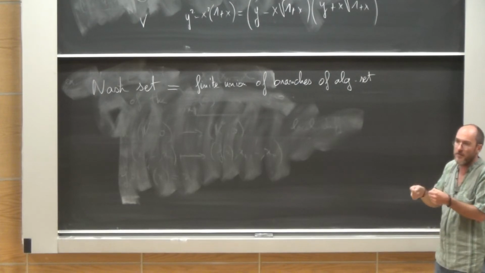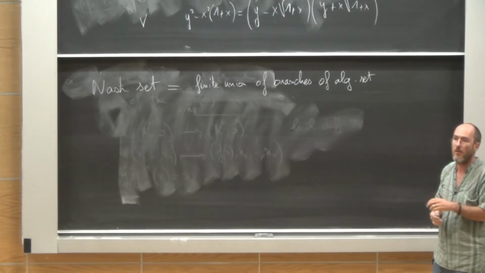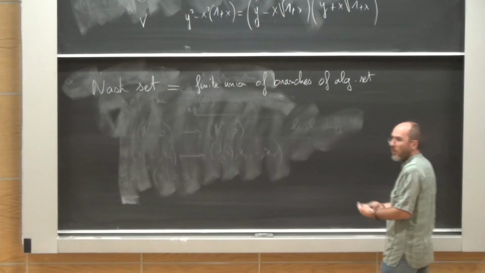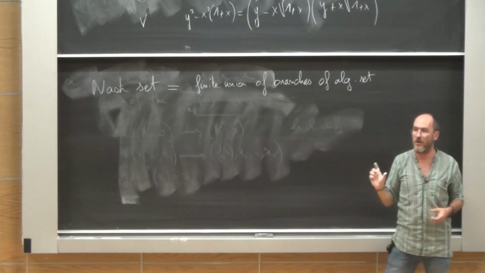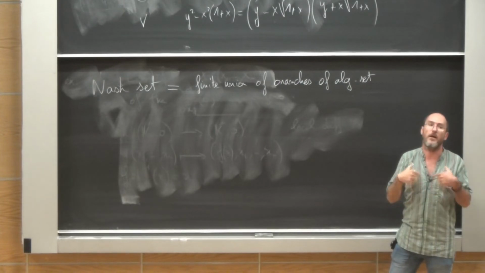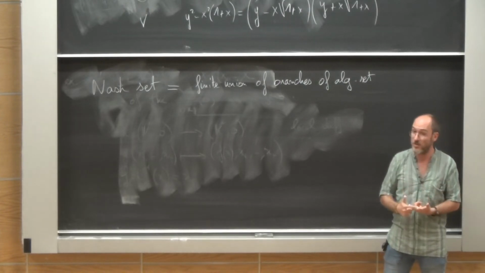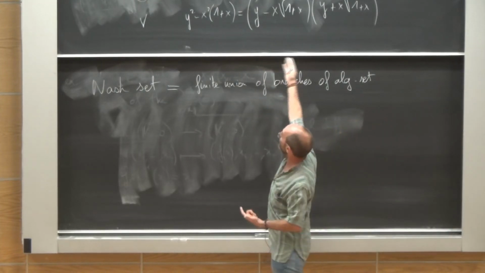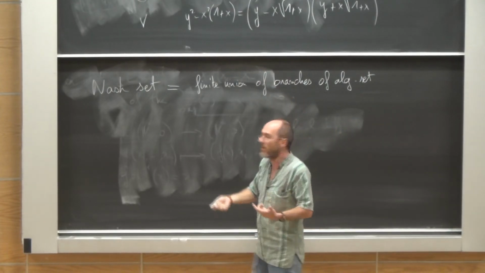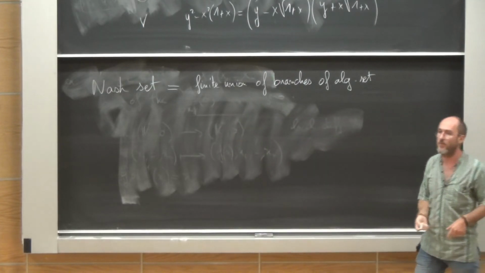I have an analytic set which has several irreducible components, and these irreducible components are called the branches of the analytic set. So if I pick an algebraic set, I can look at it as an analytic set. I look at its branches, and these branches are Nash sets. It's exactly the previous example. And every Nash set is a union of such branches of algebraic sets.